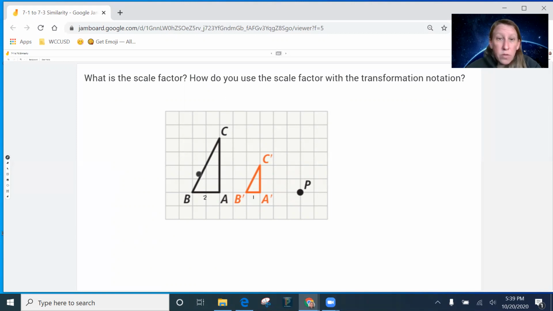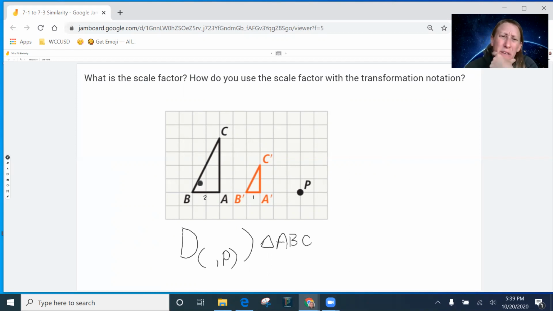Yeah, so this one is 2 times bigger than this one. So the way we would write this is if you take triangle ABC, you would need to dilate it by how much from point P?